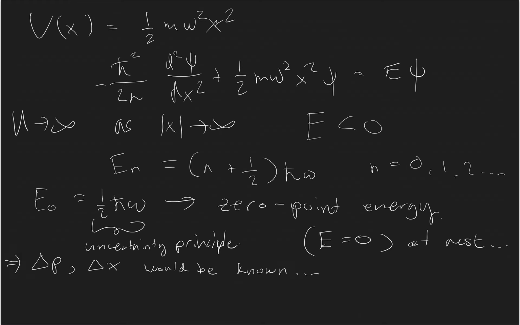This is probably the weirdest thing so far to think about. For any particle at rest, momentum and position should be known in general, right? But this is forbidden. Okay, this is forbidden, okay?